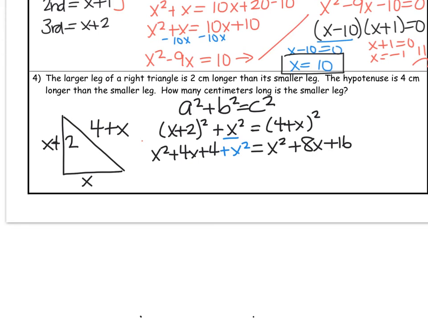If I combine like terms over here, I get 2x squared plus 4x plus 4 equals x squared plus 8x plus 16.